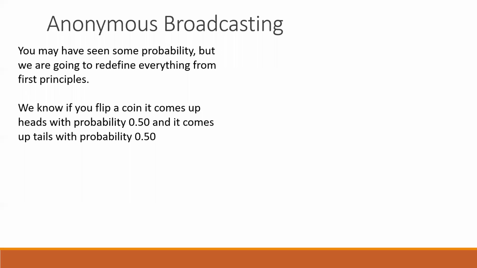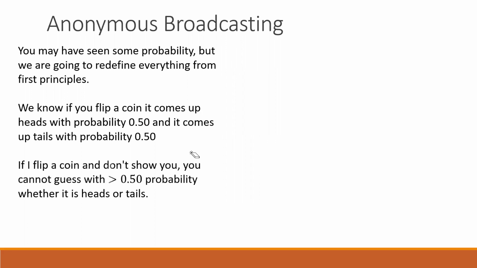So for instance, something you may have taken before: if you flip a coin, it comes up heads with probability 0.5 and tails with probability 0.5, although you probably see it expressed as heads with probability 1/2 or 50%, or something equivalent.